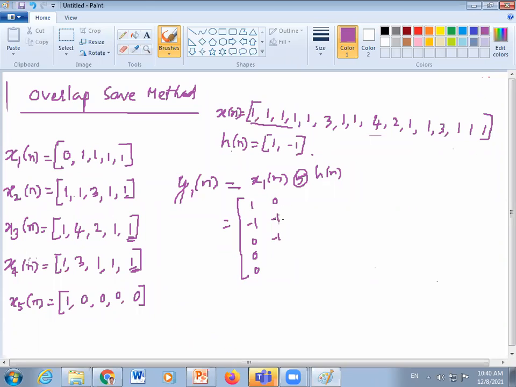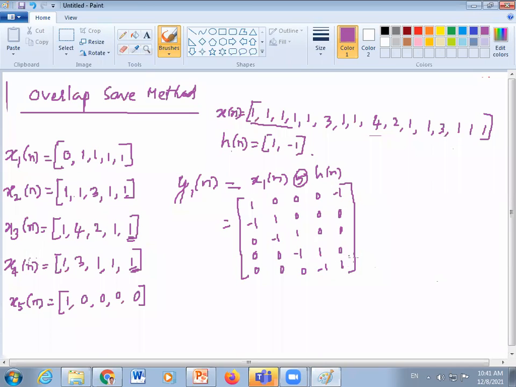Shall I solve and show it? Understood, right? Okay, solve. 0 0 1 minus 1, 0 0 0 0 1 minus 1, then minus 1 0 0 0 1.